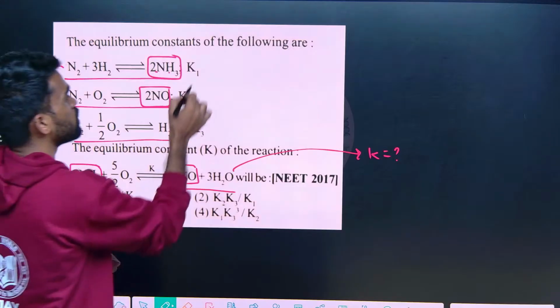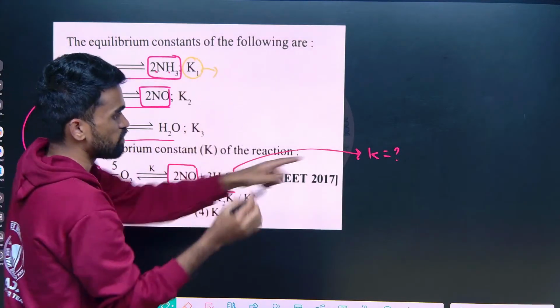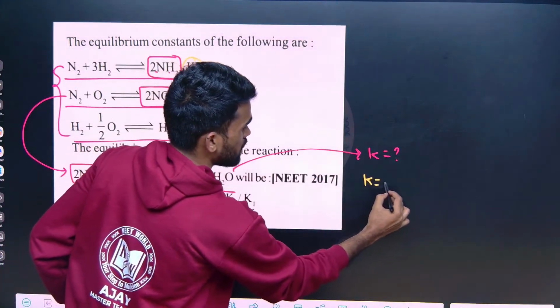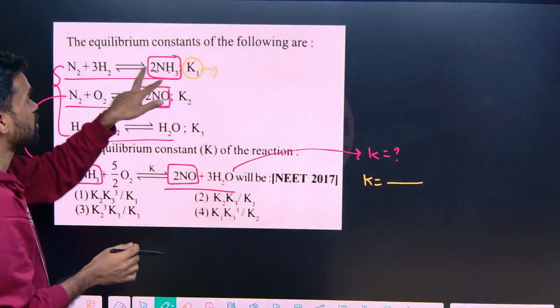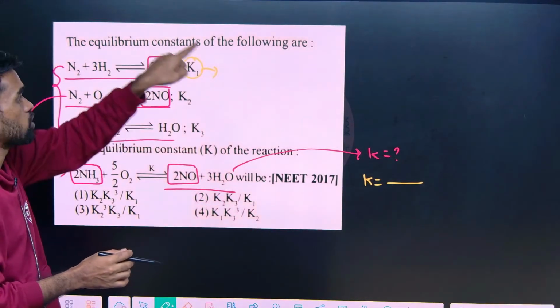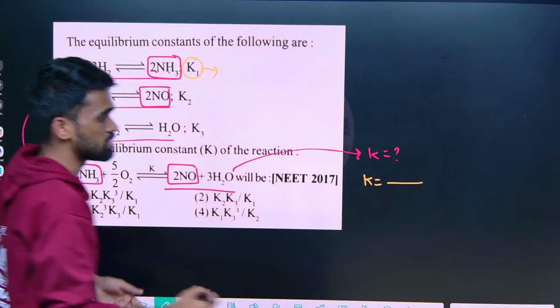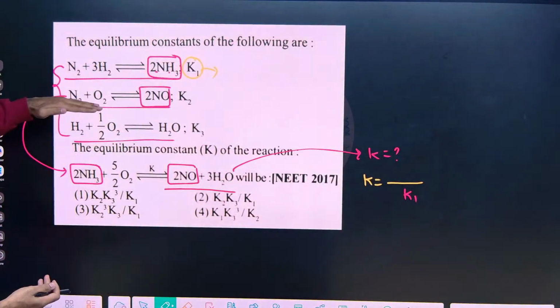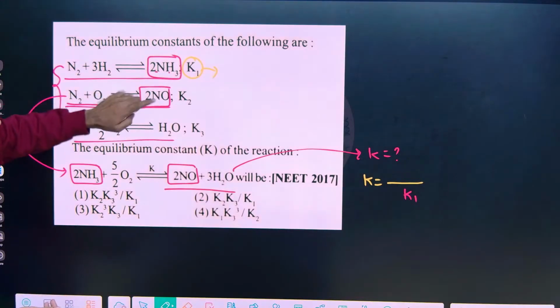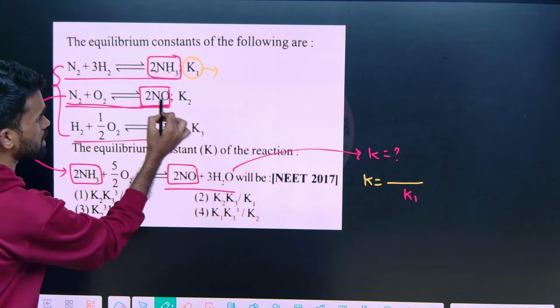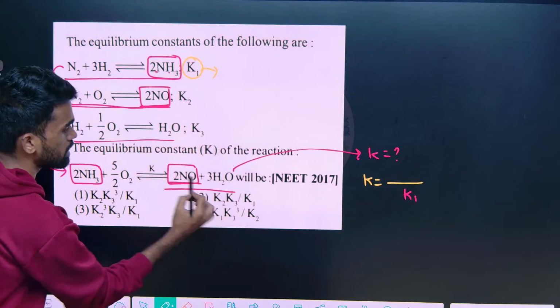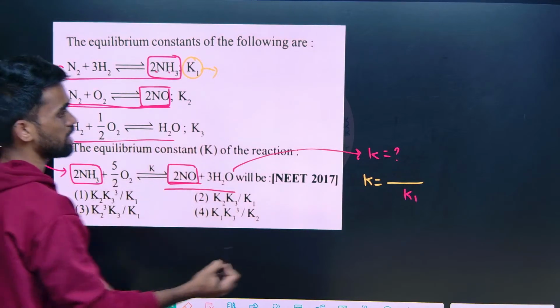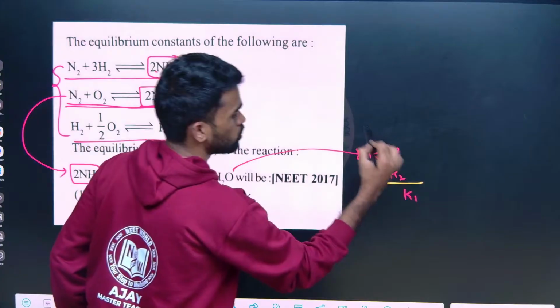Therefore its equilibrium constant in the final K should be inversed, because the first reaction is reversed. So I can write K1 in the denominator. And for the K2 equilibrium constant, the second reaction is taken as it is, because product side here you have 2NO, and here also you have 2NO. It means I am taking K2 as it is.